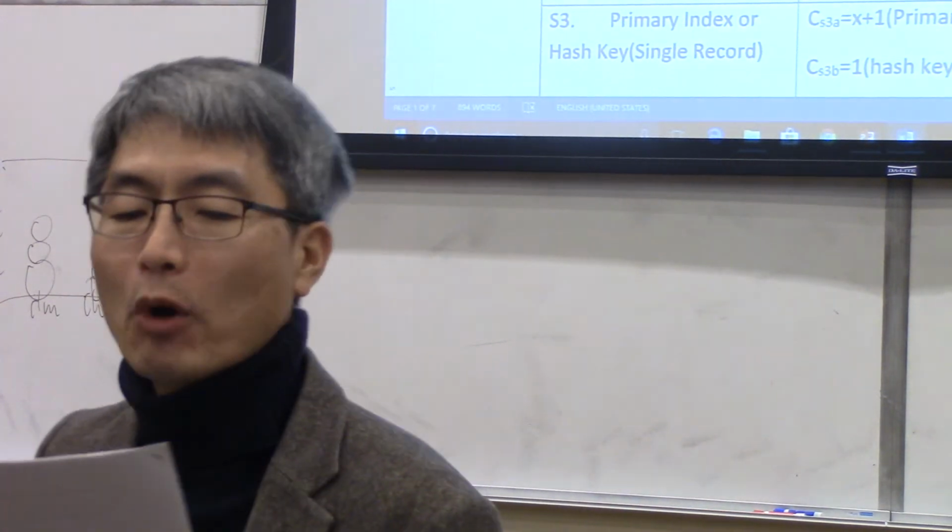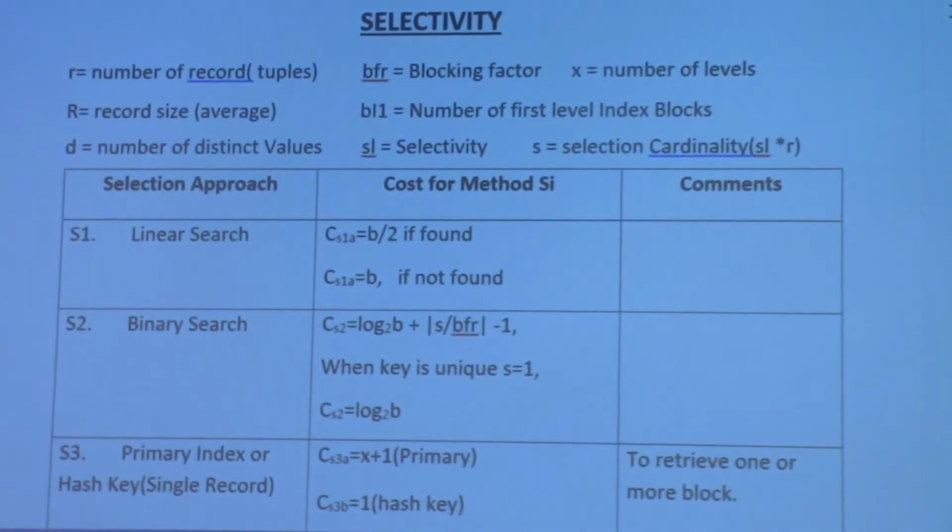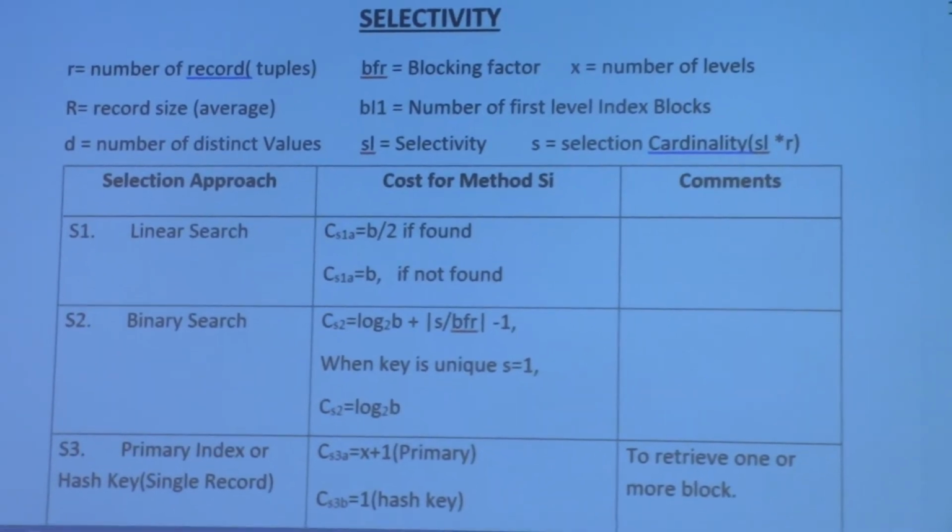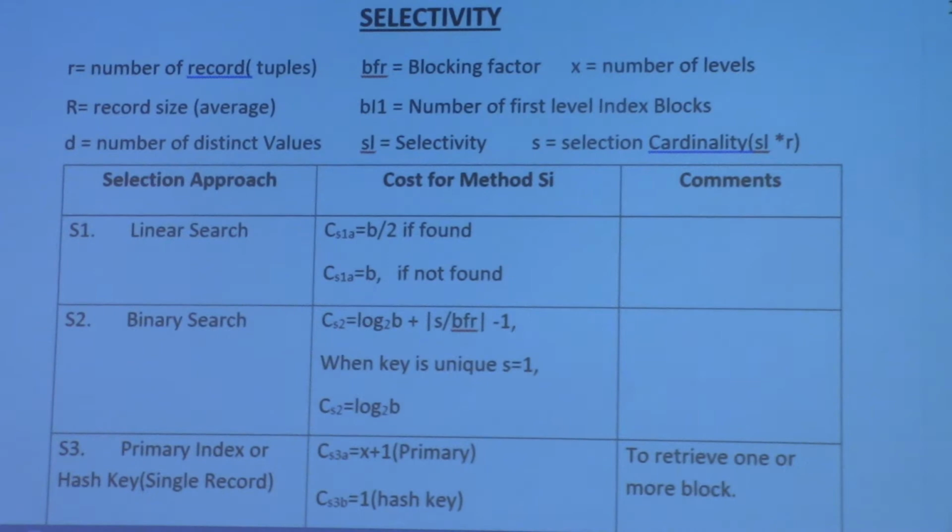D is the number of distinct values, which means how many unique values in your table. In case of a primary key, it's the same as the number of records. However, for example, DNO in the employee table will be less than the number of employees. Okay, but the unique values.